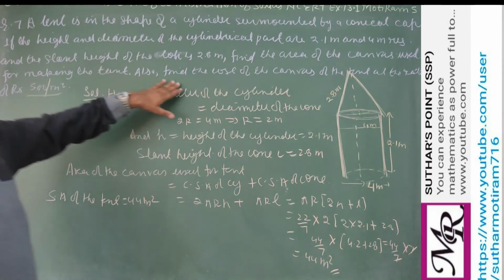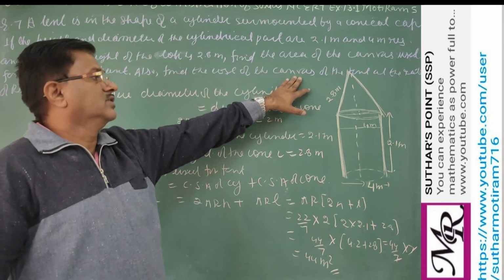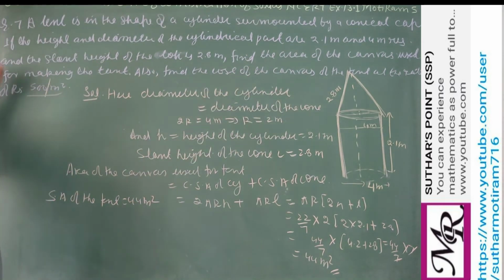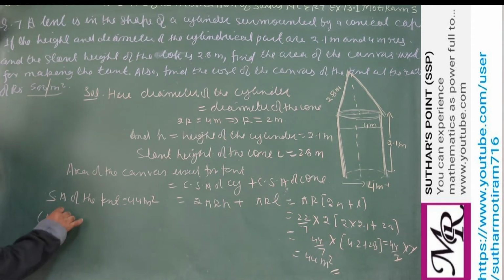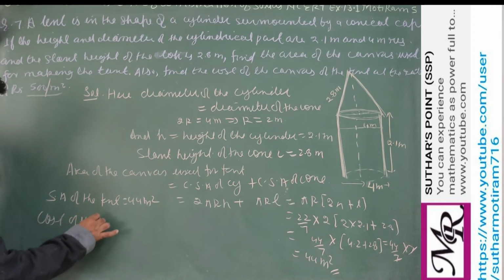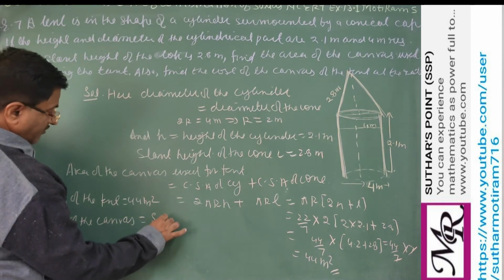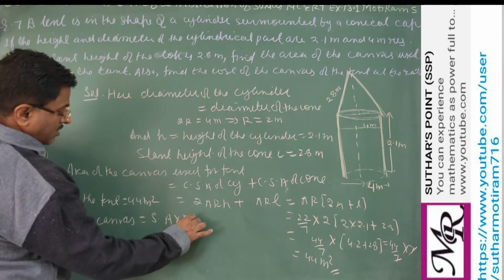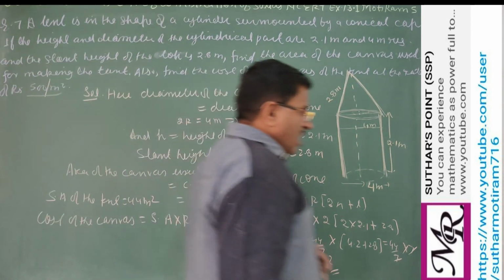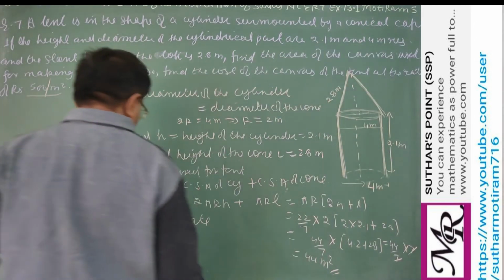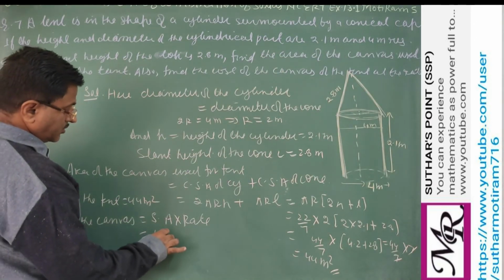Now also find the cost of canvas. Cost means total area into rate. So the cost of the canvas is surface area into rate. The surface area we have already found, that is 44.